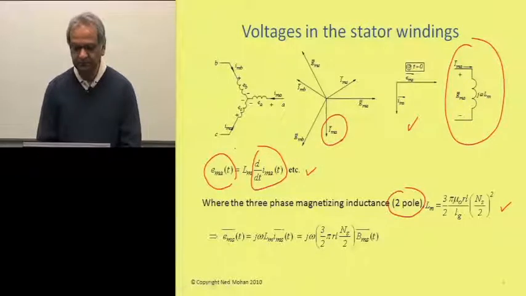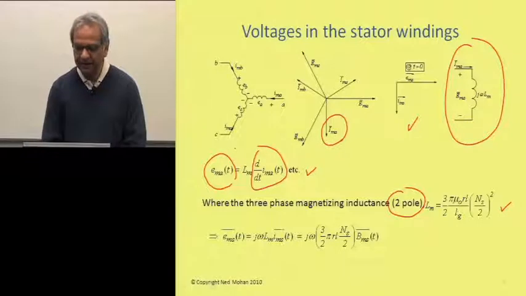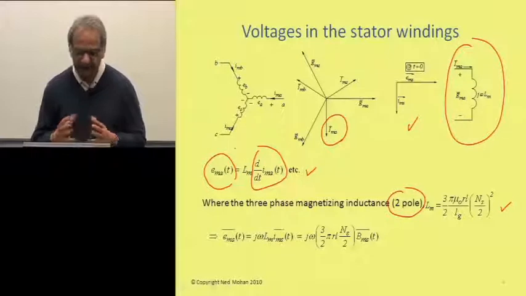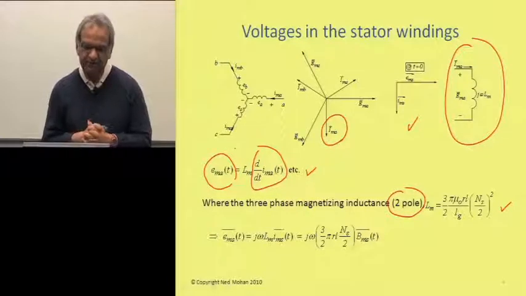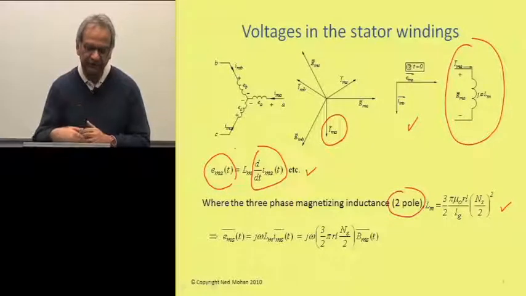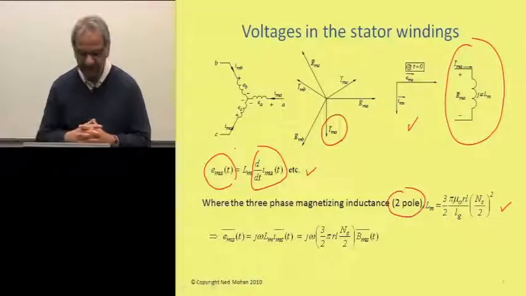And so here this magnetizing inductance L sub m includes the mutual effect. So mutual inductance from coupling from phases B and C are included in phase A, and similarly in other cases.